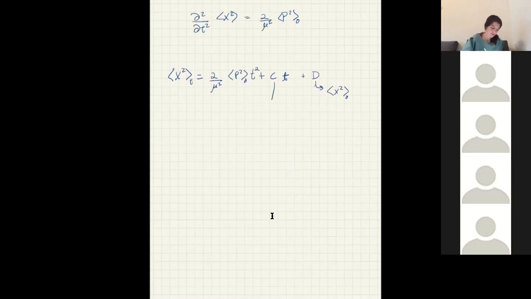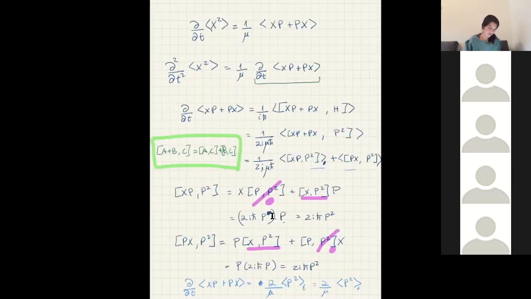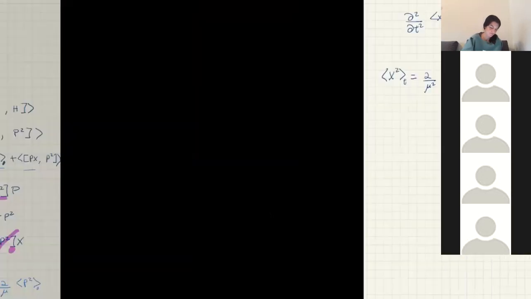And this c should be just the derivative of x squared at time equals 0, which we know what it is because we know that at time equals t, it's going to be this. So you just need to take this average for the value t equals 0. Okay.